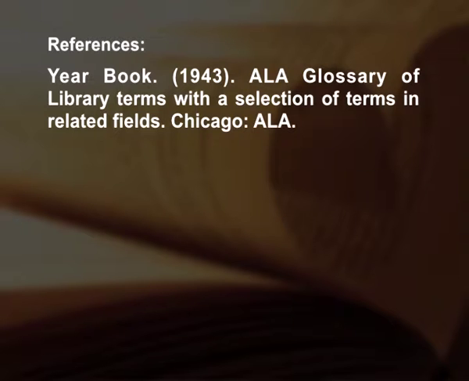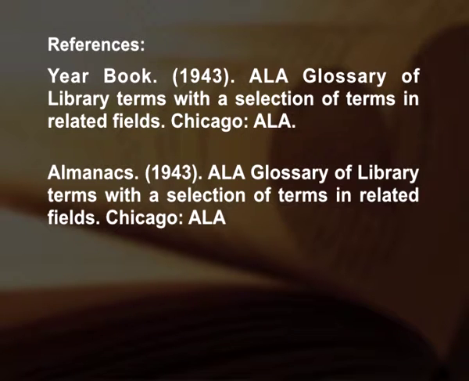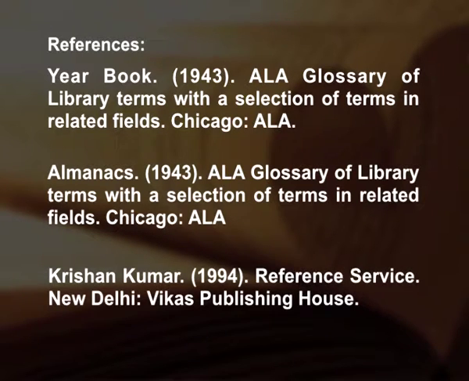Now, a few reference books for your reference. Yearbook, ALA Glossary of Library Terms with a selection of terms in related fields, Chicago, ALA, 1943. Almanacs, ALA Glossary of Library Terms with a selection of terms in related fields, Chicago, ALA, 1943. Reference Service by Krishnan Kumar, Vikas Publishing House, New Delhi, 1994.